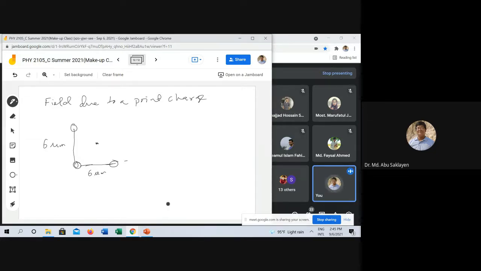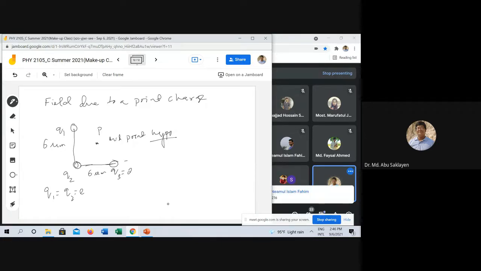So P is a point, the midpoint of the hypotenuse. And the charges Q1 and Q2 are equal, equal to E, and Q3 equal to 2E.